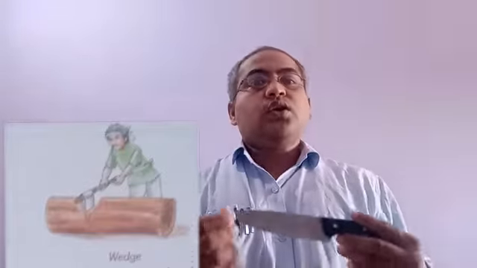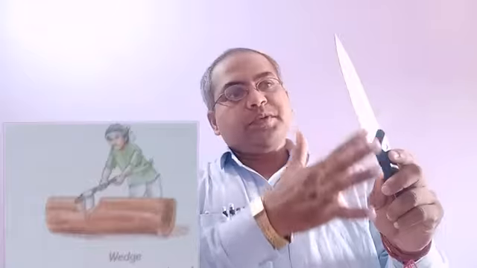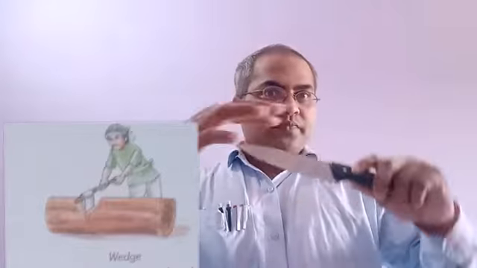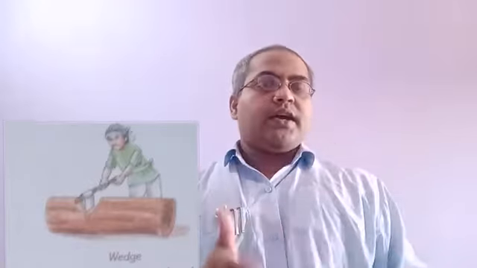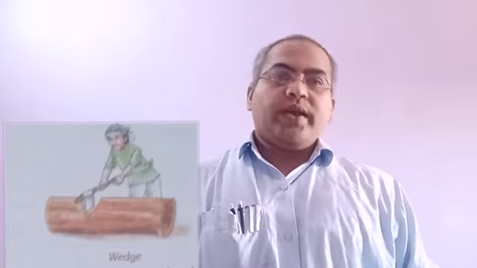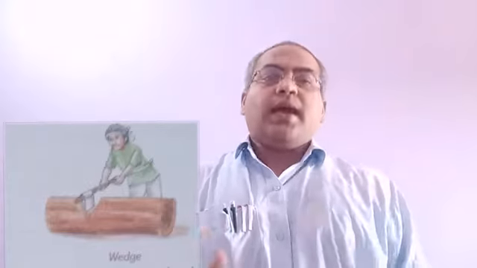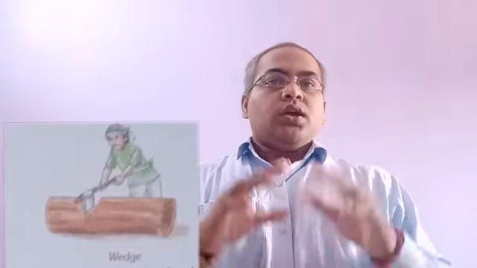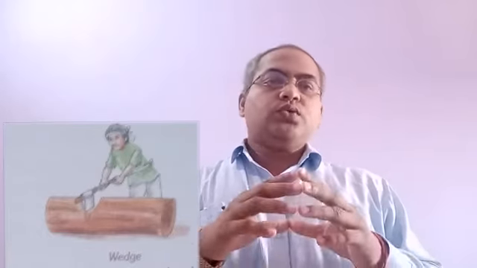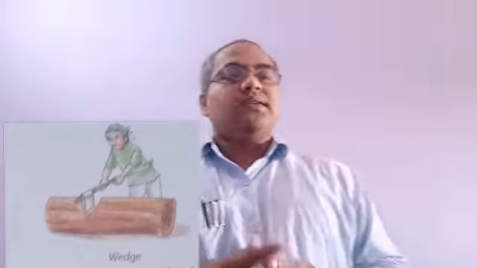So a wedge is two inclined planes, one from this side, one from this side, and at this point it becomes a sharp edge. This is called a wedge. The best examples are a knife, an axe, and many other things. We use a wedge to cut things.